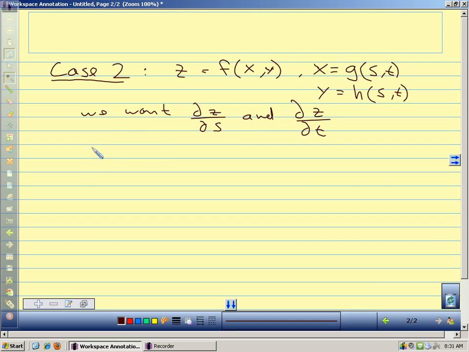So our assumptions again are that f, g, and h are differentiable.